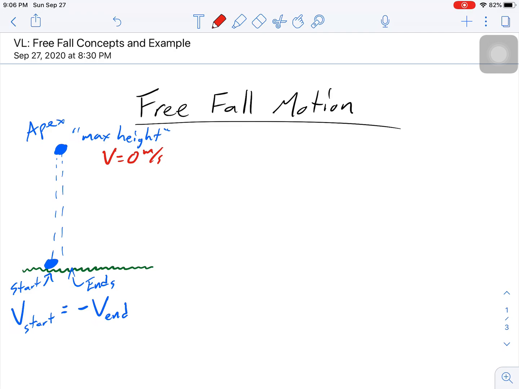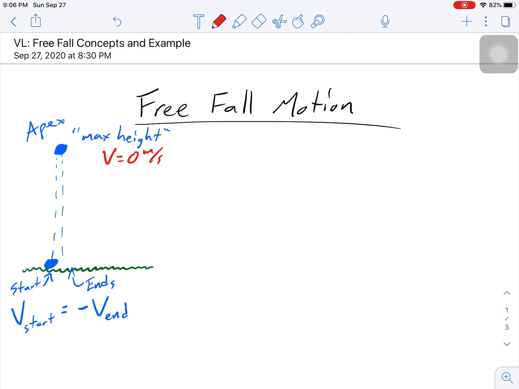An example of that would be if you just hold your pencil at arm's height and you drop it. There, the initial velocity would be 0 because it's starting at the apex, at the maximum height.